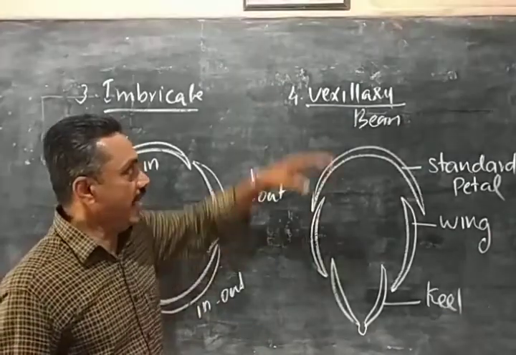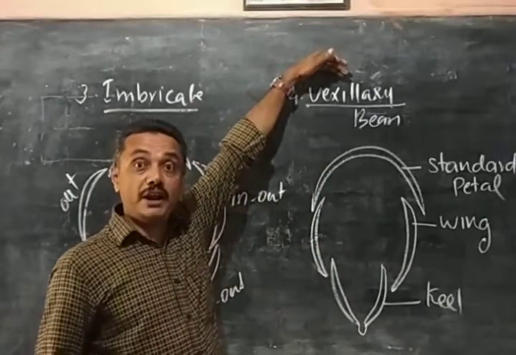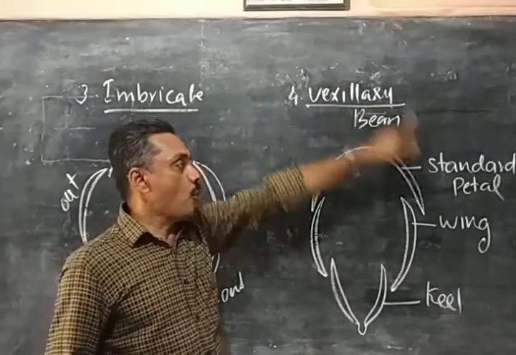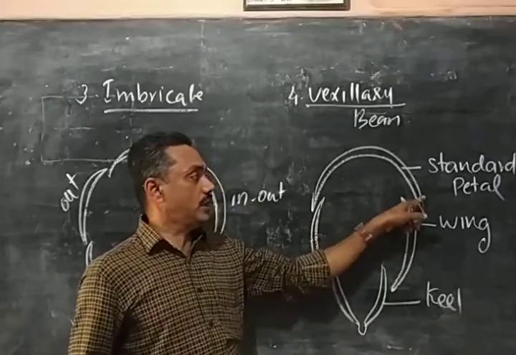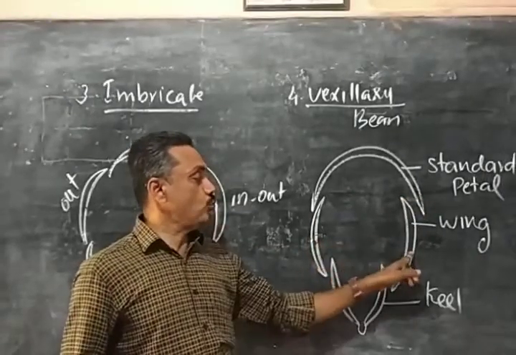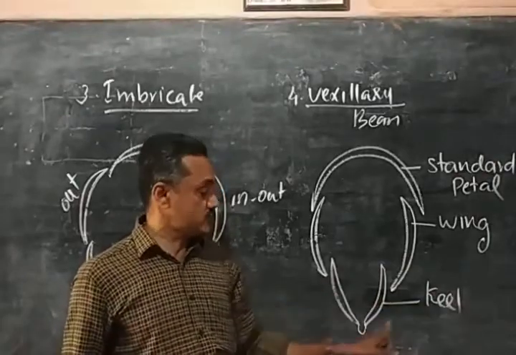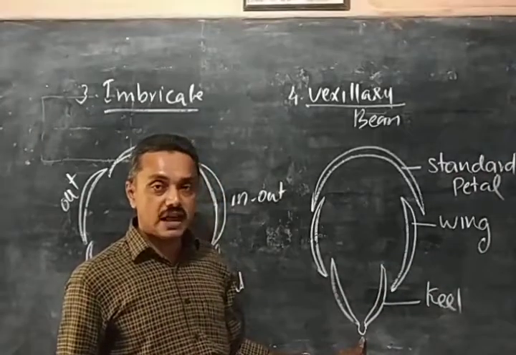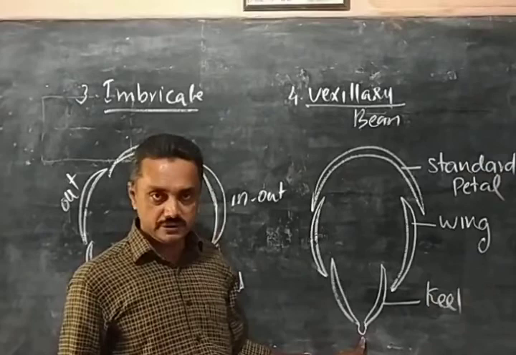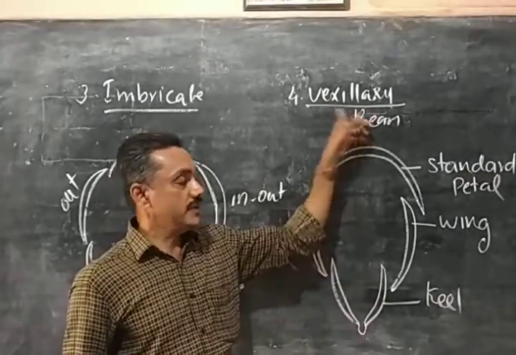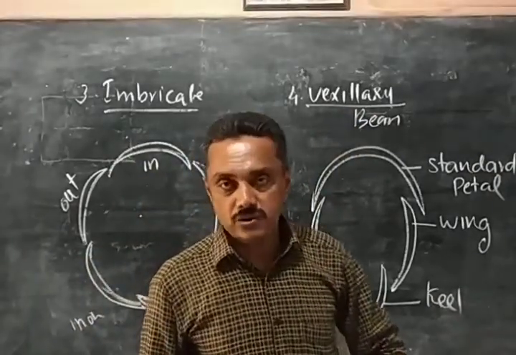Vexillary aestivation is very important for identification. One standard petal, completely outer. Inside there are 2 wing petals. Inside that there are 2 keel petals which are joined. This type of aestivation is called vexillary aestivation.